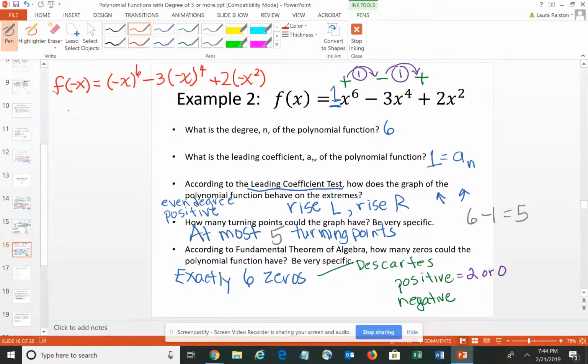Okay, so if I do that, I'm going to have positive x to the 6th minus 3 times x to the 4th plus 2x squared.